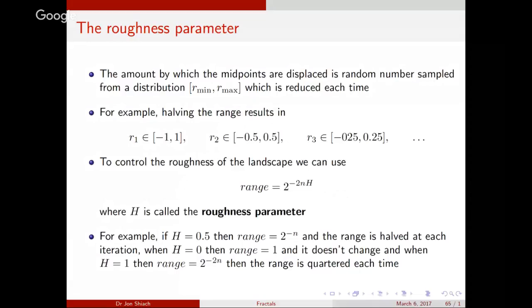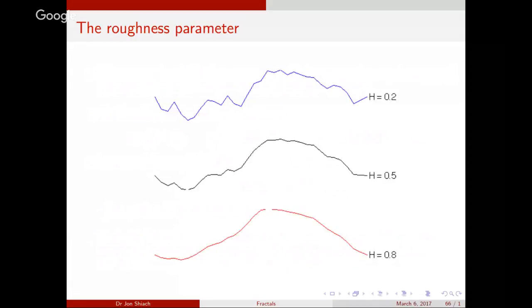But when h is larger, i.e. 1, we have 2 to the power minus 2n, so we're quartering the range each time, and that tends to give a smoother landscape. Okay, so that's what the roughness parameter is. And here are three.